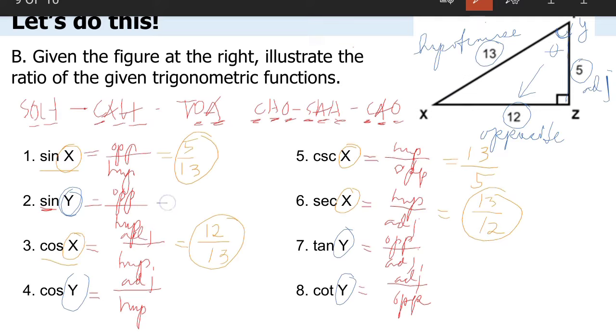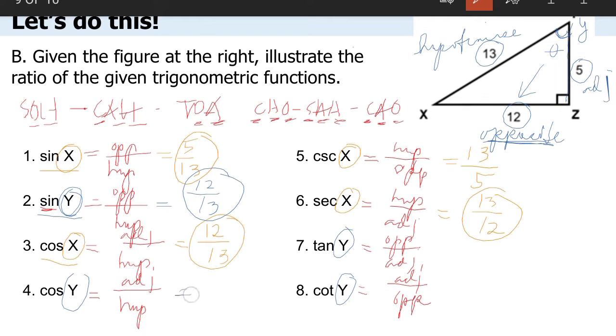So we will now illustrate the trigonometric ratio if the reference is angle y. The opposite is 12 over hypotenuse 13. Therefore, sine y is equal to 12 over 13.